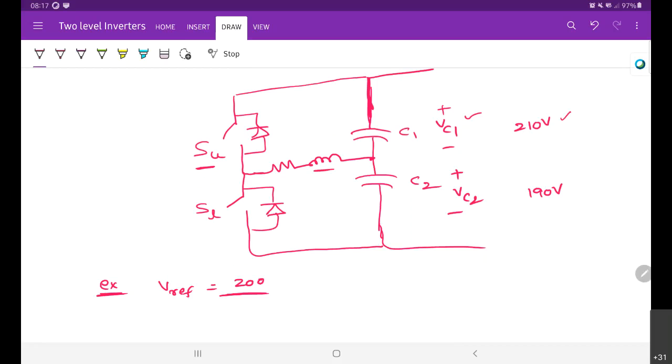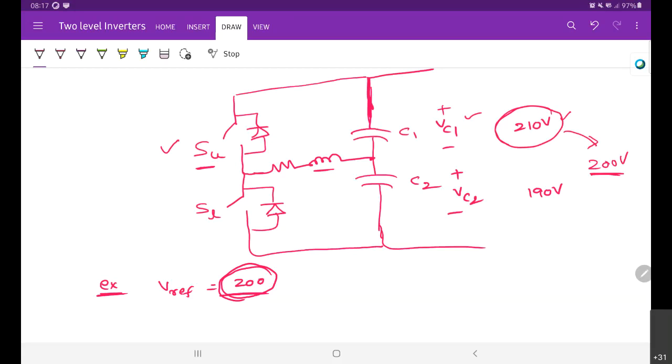Now the question is, up to what point do we need to turn on the switch? We have this reference. We need to turn on the switch SU until this voltage reaches 200 volts. You cannot turn it on continuously.